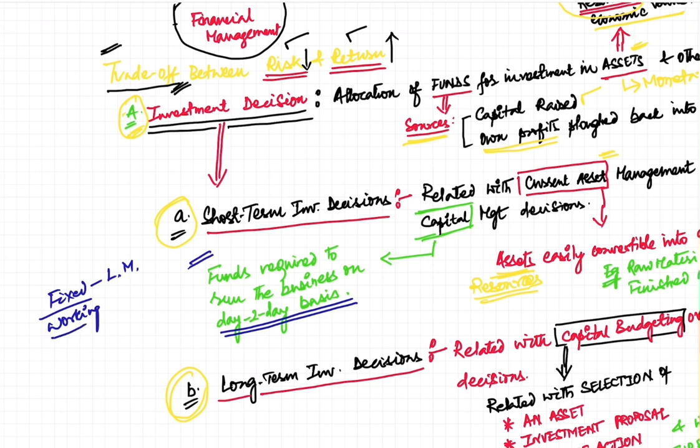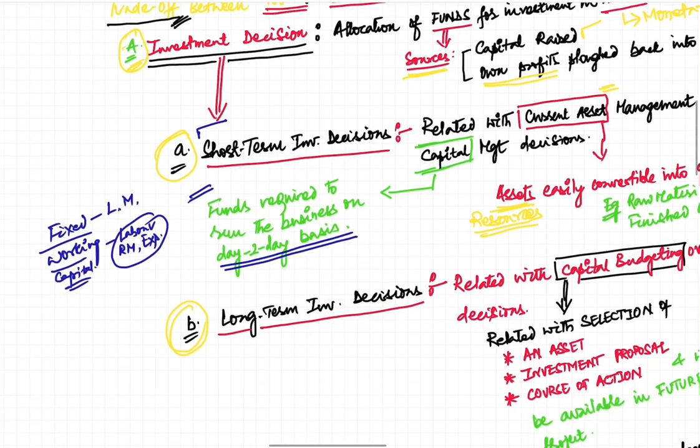Working capital is used for making payments to labor, buying raw materials, expenses, right? These are what we call working capital. So, any investment decision that is related with working capital management is what we call short-term decisions.